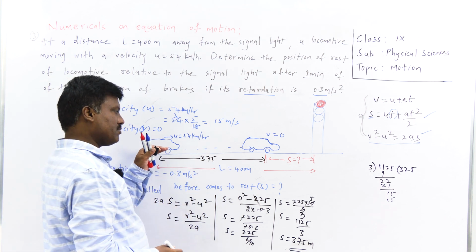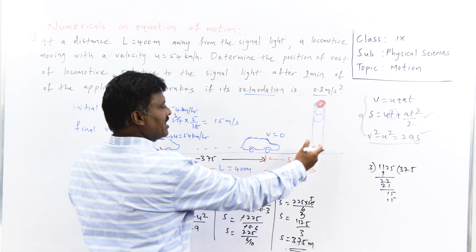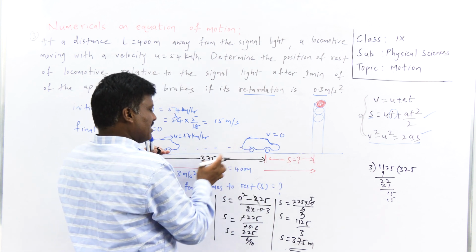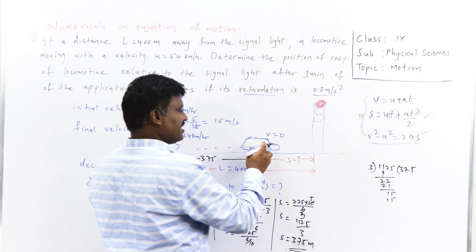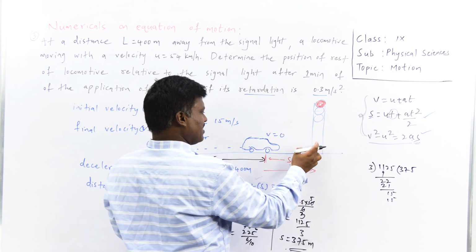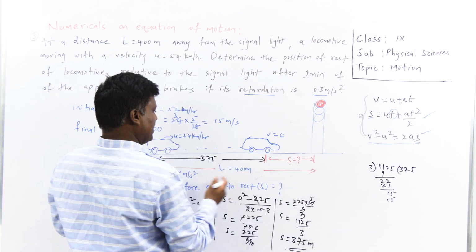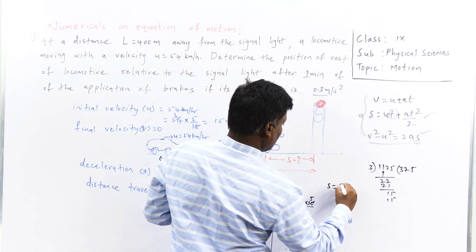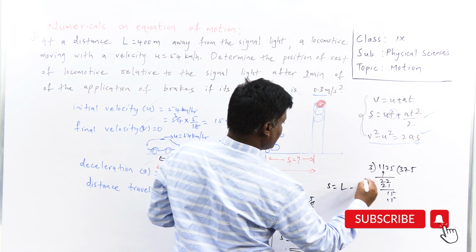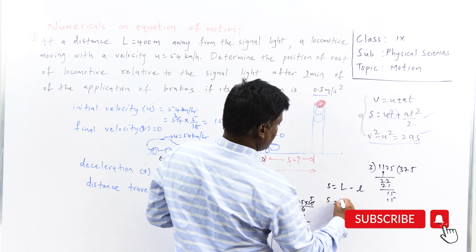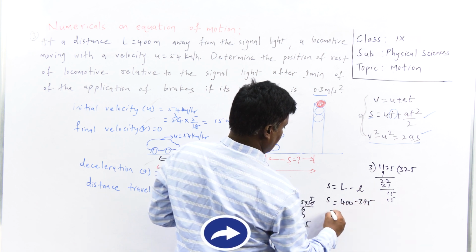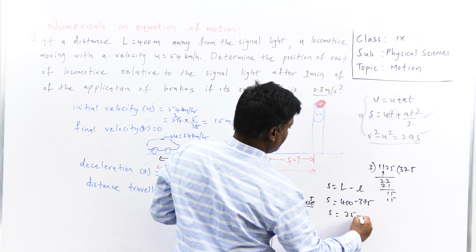What is the total distance between the initial position of the vehicle and this signal light? 400 meters. It is stopped after 375 meters. Then what is the distance between this locomotive and the signal light? Total 400 minus 375. So s is equal to total distance minus distance traveled by the object: 400 minus 375 is equal to 25 meters.